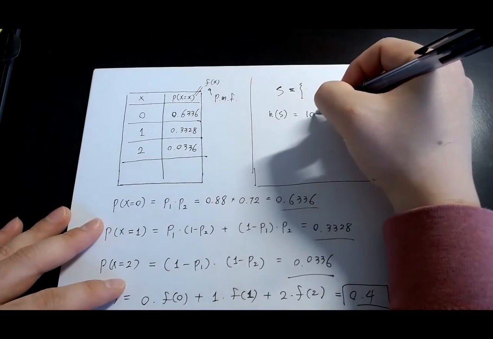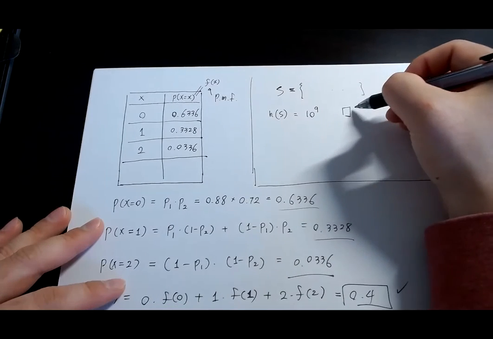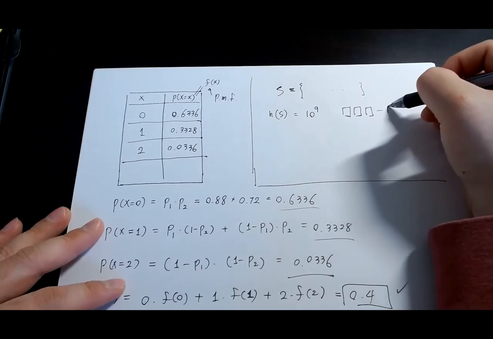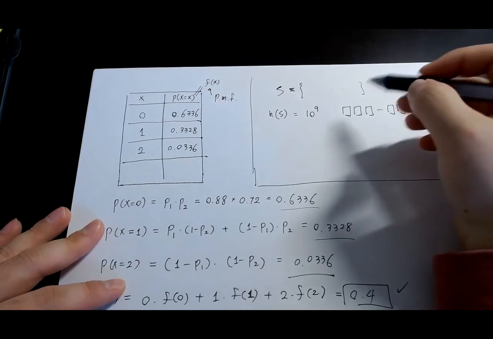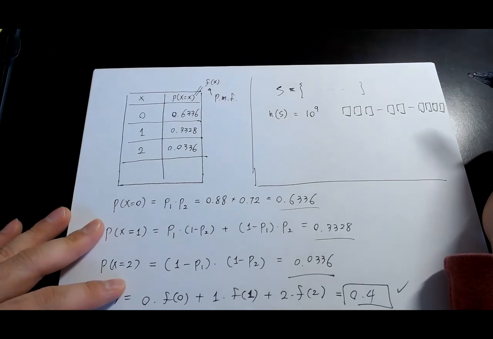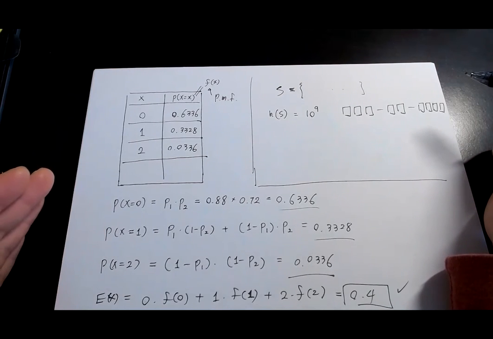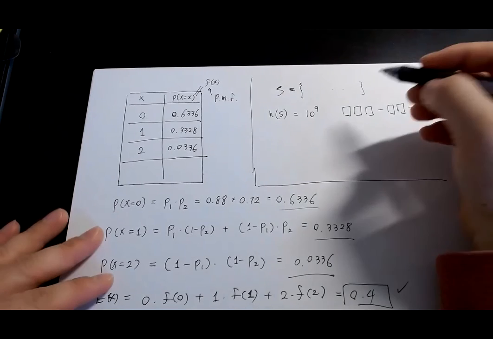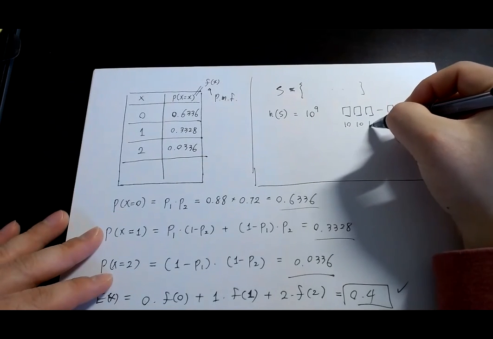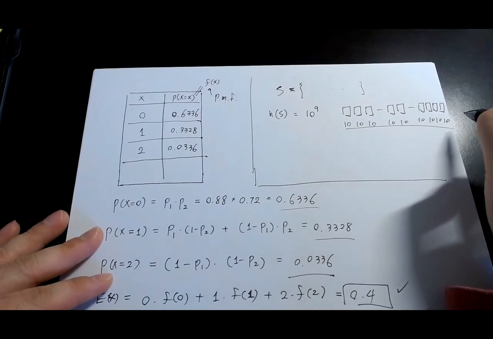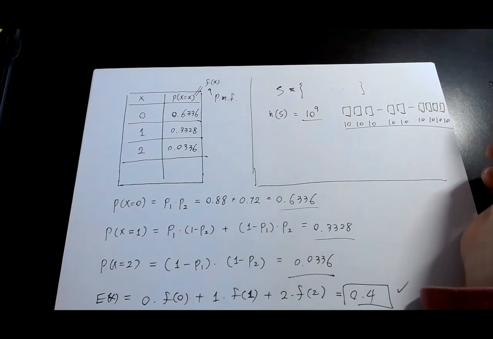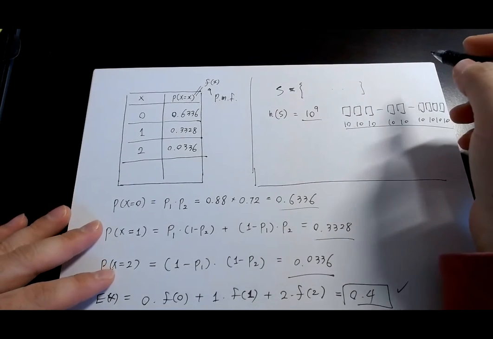That's going to be 10 to the 9th power, because for each digit the total number of possible values is 10, and we multiply them to get 10 to the 9th power, all possible ways to create a 9-digit social security number.